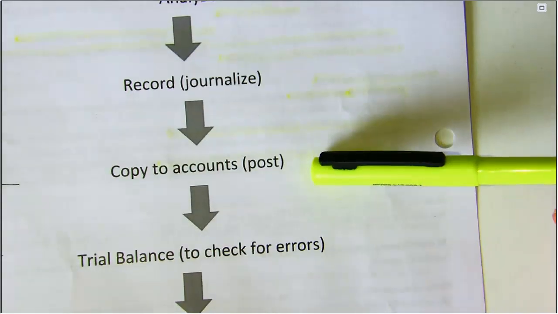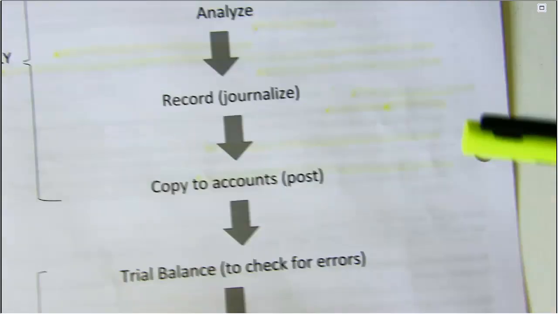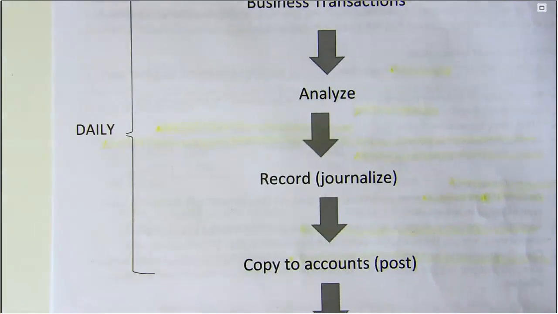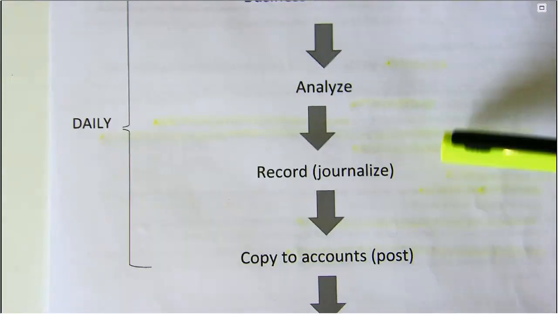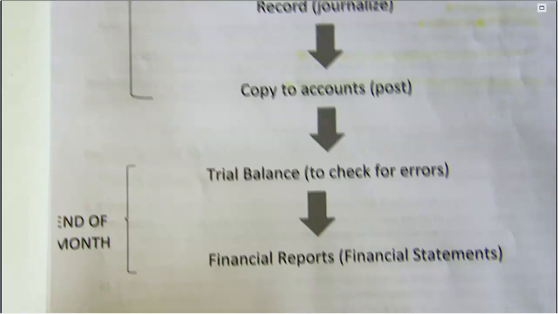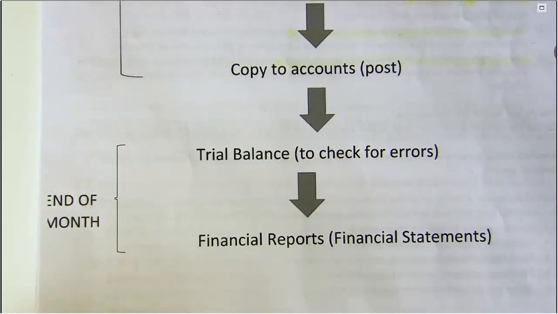And we copy that information into our ledger accounts. We will also learn that in our next mini lecture. All of those things take place on a daily basis: the transaction, the analyzing, the journalizing, and the posting. And then at the end of the month, we'll learn how to do a trial balance and our financial reports.